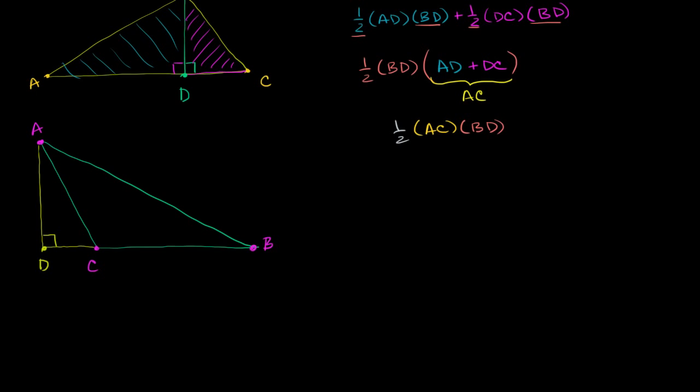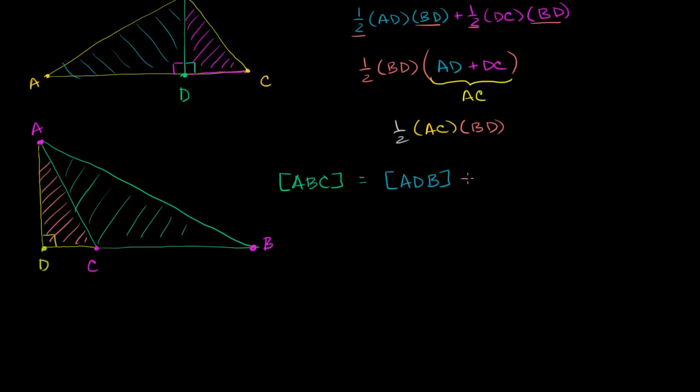And what we want to find is the area of triangle ABC. So that's what we care about. But the area of triangle ABC is going to be the area of this larger right triangle that we've set up, the area of ADB, minus the area of the smaller triangle, minus the area of this smaller one right over here, so minus the area of ADC.